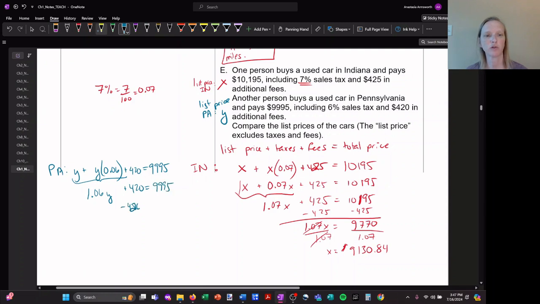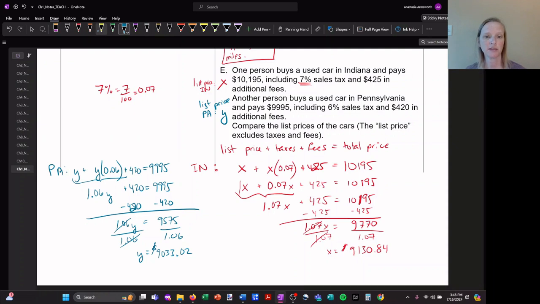I'm going to subtract 420 from both sides of the equation, and that gives me 9,575. Now I divide both sides by 1.06, and my y value equals $9,033.02. So Pennsylvania has the cheaper list price on the car.